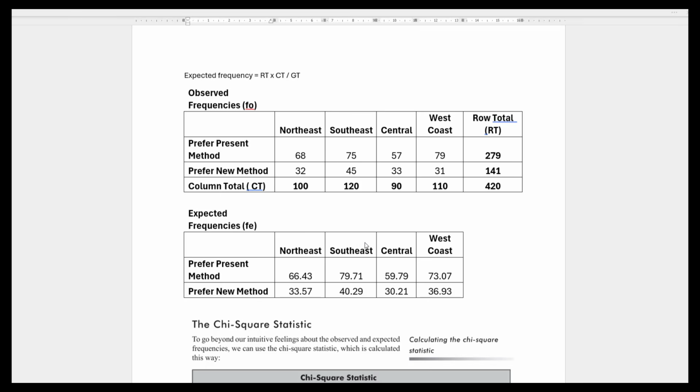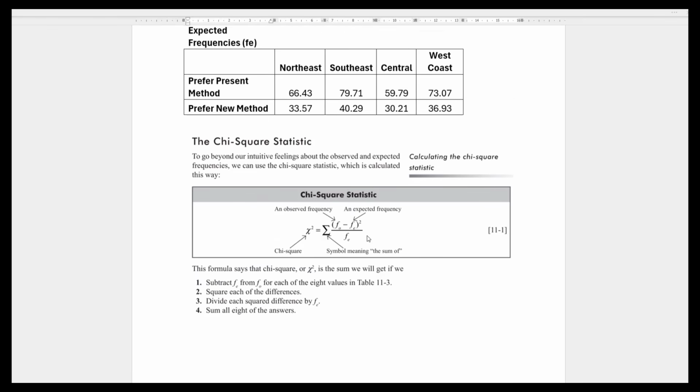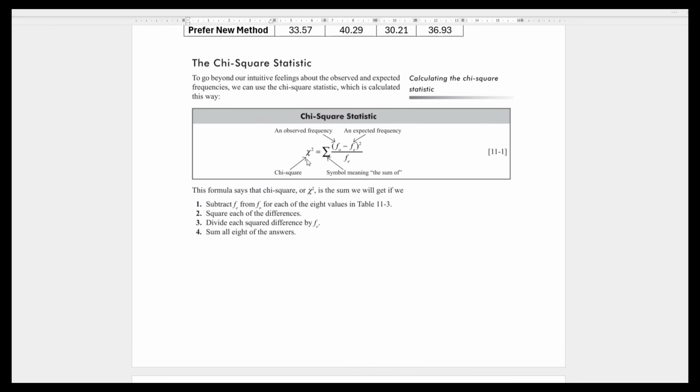Then the chi-square statistic is defined as chi-square equal to the summation of (FO minus FE) the whole square divided by FE: the observed frequency minus the corresponding expected frequency, the whole square, divided by the expected frequency.